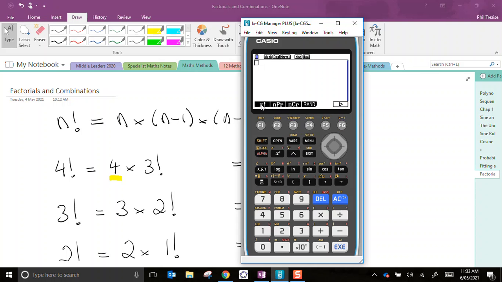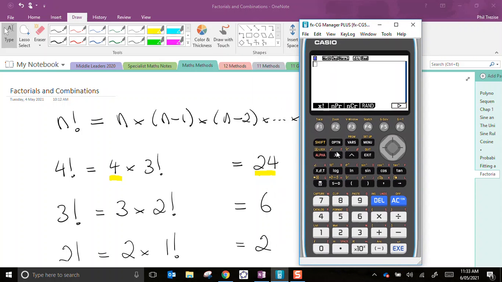There's the factorial key. So let's just try 4 factorial, and we should see that that equals 24, like we thought. Let's try 0 factorial, and yes, it equals 1, just like we thought. So the people who made the Casio calculators knew their maths. Now we've got nCr. Now what did we do?